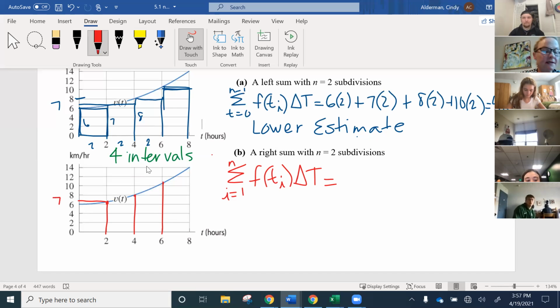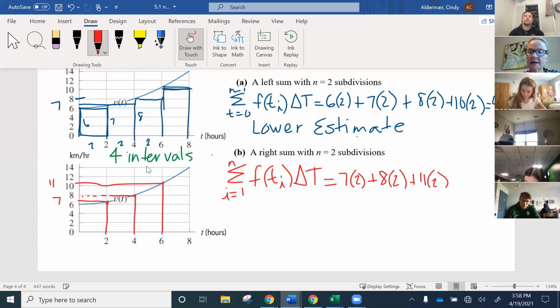So we've got 7 by 2 plus, if you draw this over, it looks like 8 by 2. And the next one, you draw this over, it looks like it's a little more than 10. So let's say 11 times 2 plus 14 times 2. Because if you draw that right side, this is going to go over here to 14.